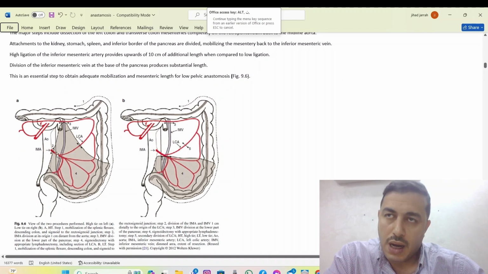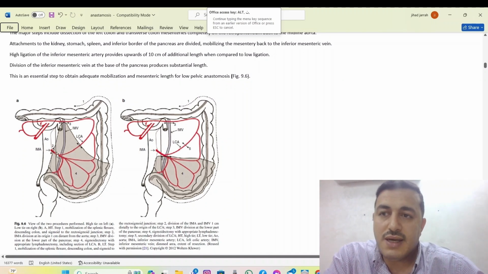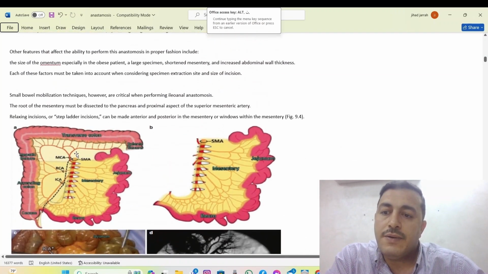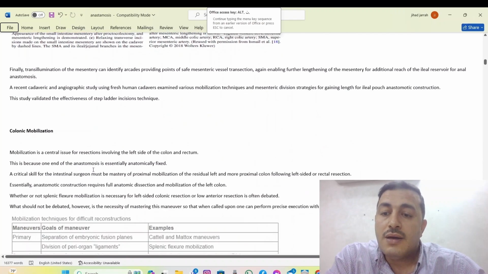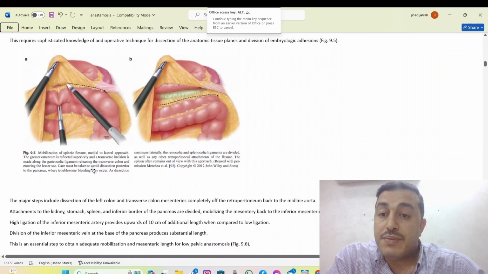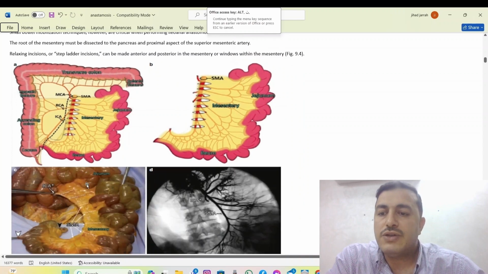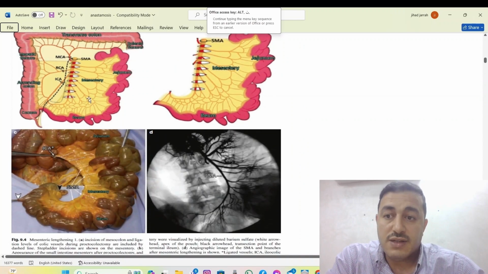Did we talk about the superior mesenteric artery? Yes, when we talked about the small bowel mobilization, if you remember, we talked about the step ladder technique, and we talked about the SMA ligation and preservation, of course not the main pedicle, but the ileocolic branch, the right colic branch and the middle colic branch, preserving the jejunal and ileal branches.